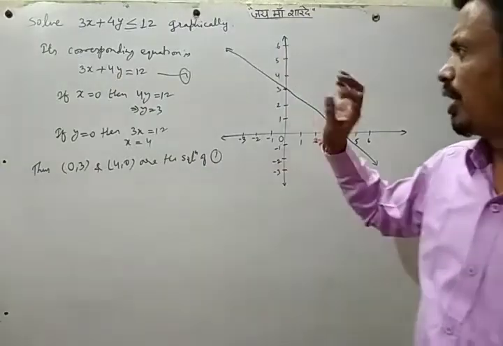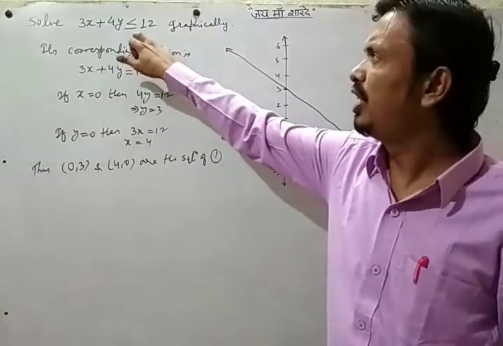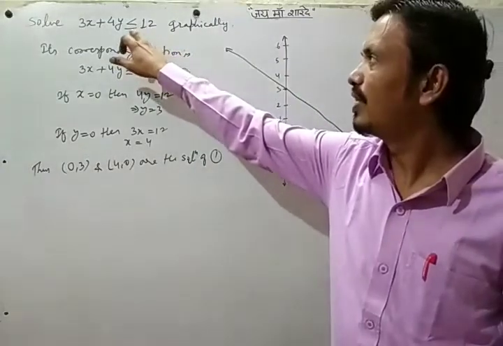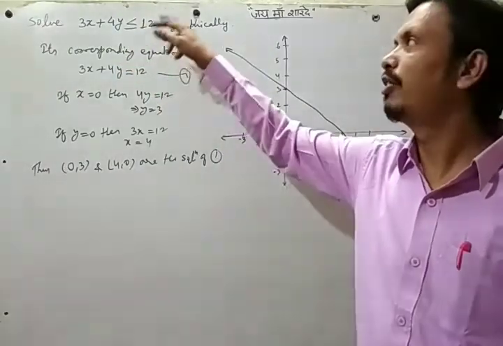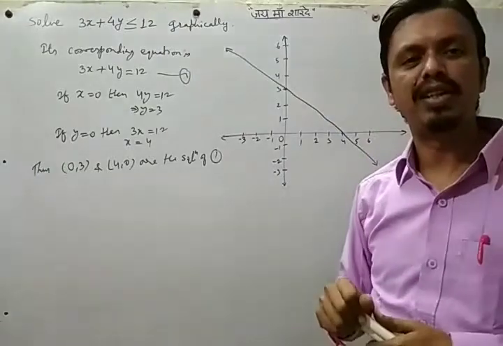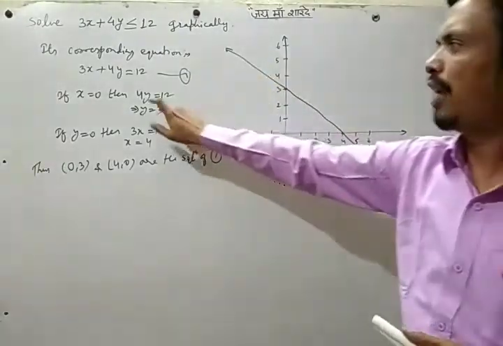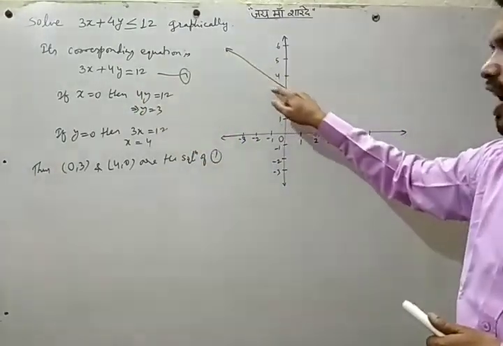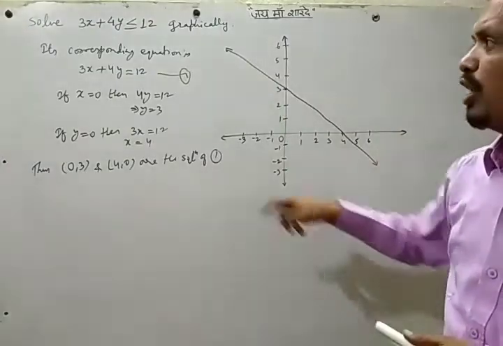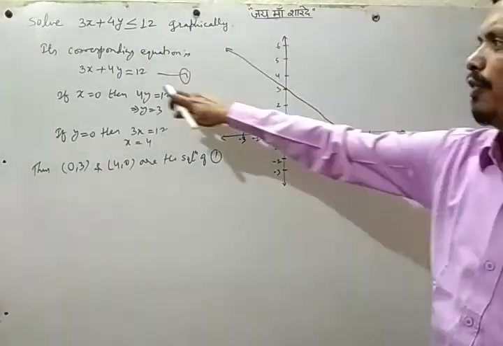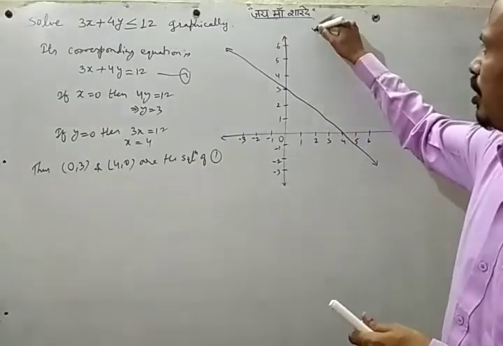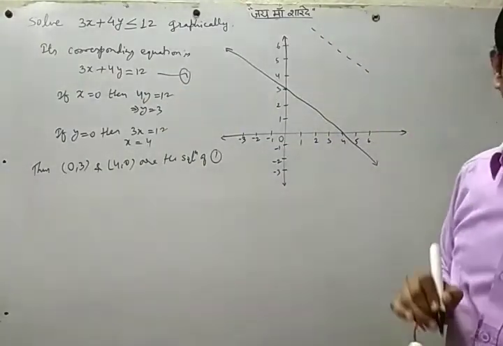But remember one thing: if the given inequation has less than or equal to, or more than or equal to, that is, it is a slack inequality, then we draw the graph of this equation as one dark line. If it is a strict inequality, then we draw the graph as a dotted line.